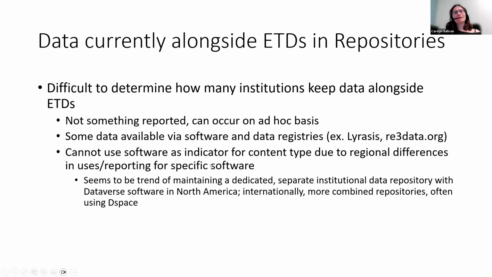So there seems to be a trend based on the data in these repositories that, at least in Canada, we tend to keep our data in a Dataverse institutional repository apart from our electronic theses and dissertations, whereas internationally, where we don't have this lovely Borealis Dataverse national infrastructure, you'll see a lot more repositories with combined content, often using DSpace.